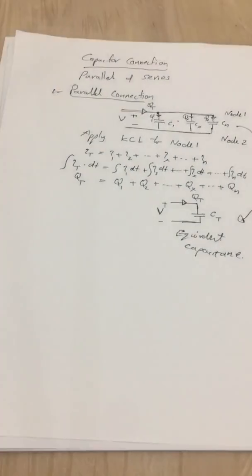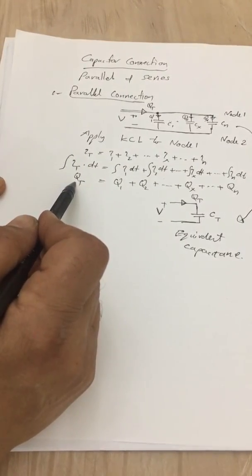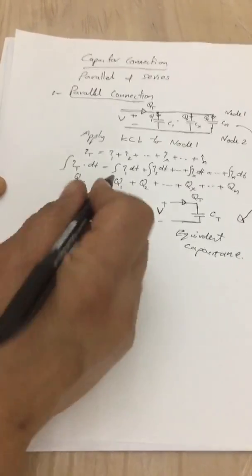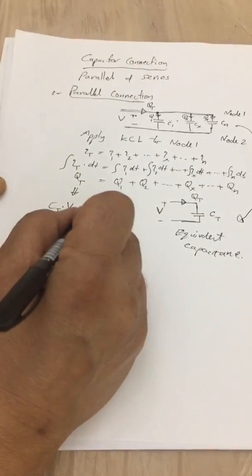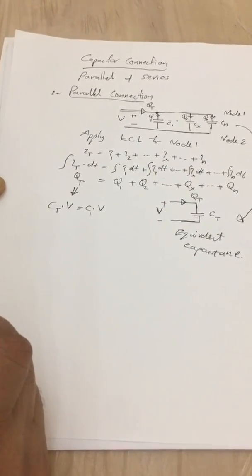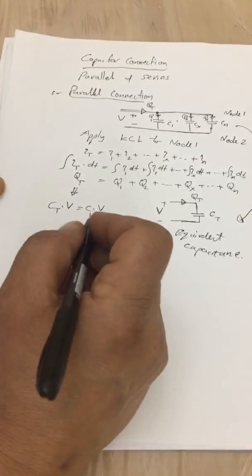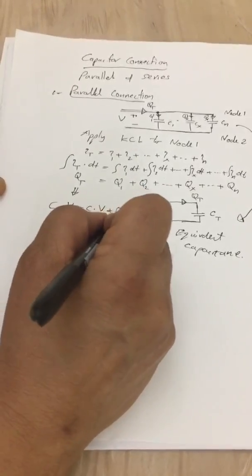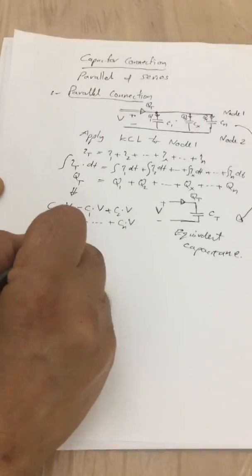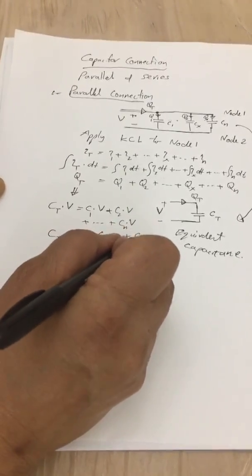Okay. Now, if we apply Q total equal to C total times V, it is equal to Q1, which is C1 times V1, and V1 is equal to V. V1, V2, up to Vn all have the same voltage, which is V, because they are connected in parallel, plus C2 V plus Cn V, which means that C total is equal to C1 plus C2 plus Cn.